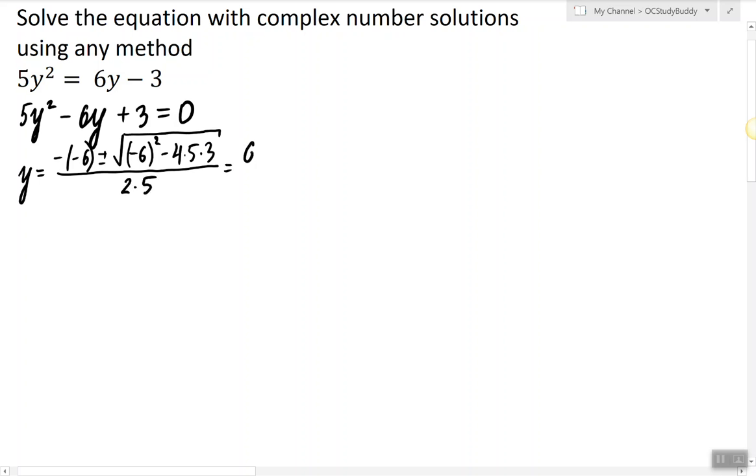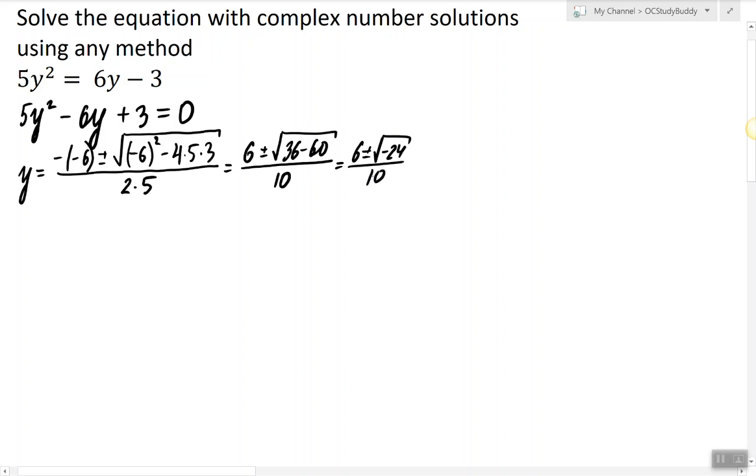So the answer is 6 plus minus square root of 6 squared, which is 36, and we have 36 minus 60, which is -24. So we have 6 plus minus square root of -24 over 10.